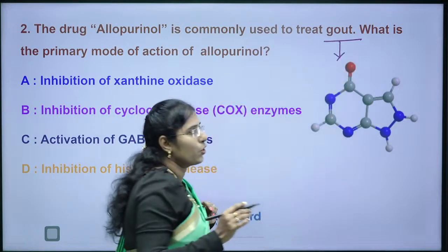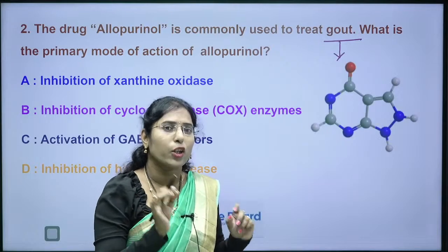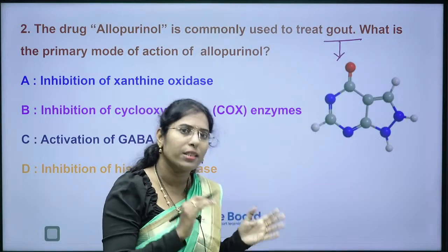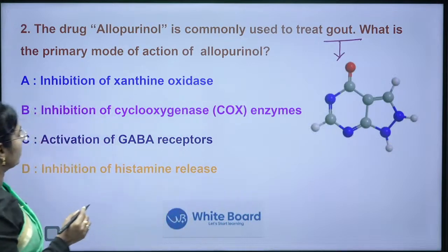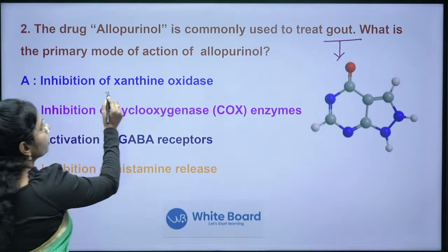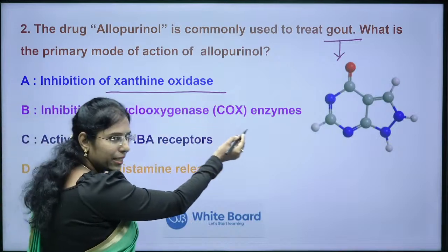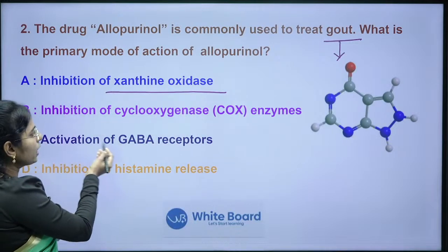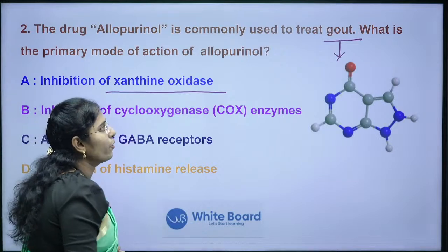Gout is a condition where uric acid crystals get accumulated or deposited in the joints. The options given are: A, inhibition of xanthine oxidase enzyme; B, inhibition of cyclooxygenase enzyme; C, activation of GABA receptors; and D, inhibition of histamine release.